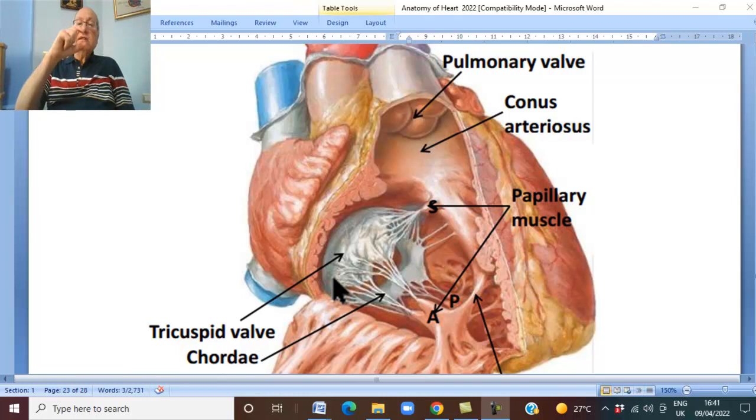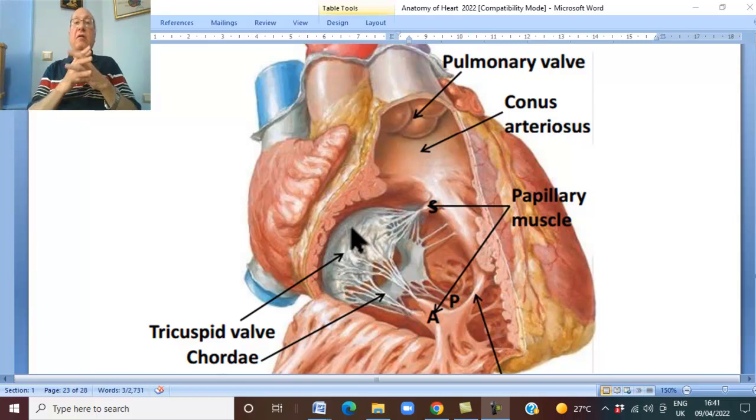Its plane is a vertical plane, and this orifice is directed downward and to the left toward the apex of the heart.